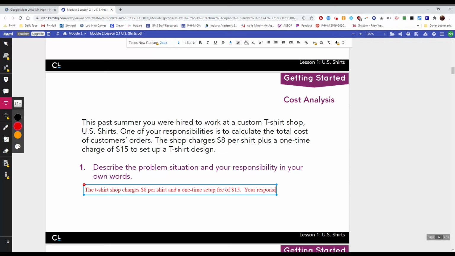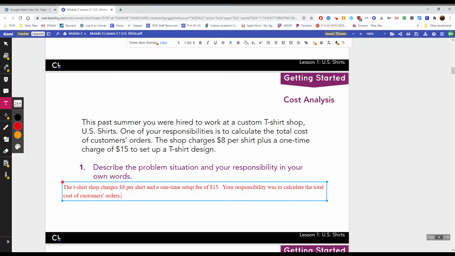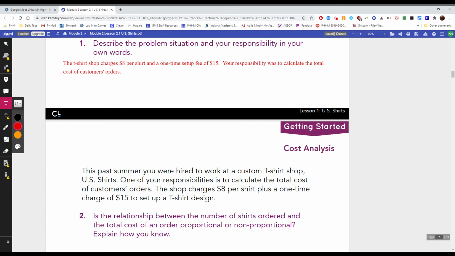Your responsibility was to calculate the total cost of customers' orders. So $8 per shirt and a one-time setup fee of $15. So no matter how many shirts I buy, I am paying this one-time setup fee no matter what.